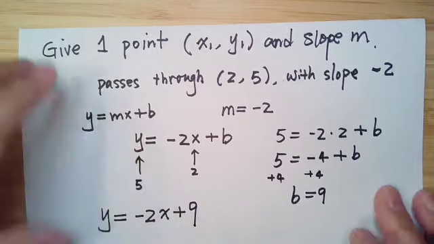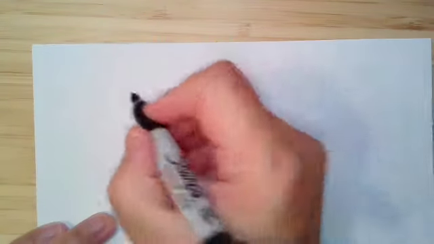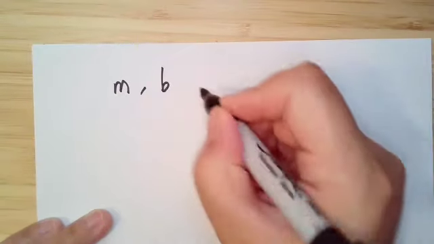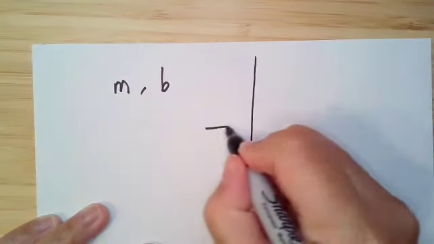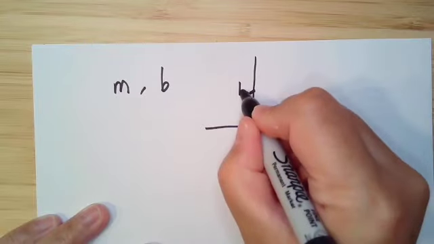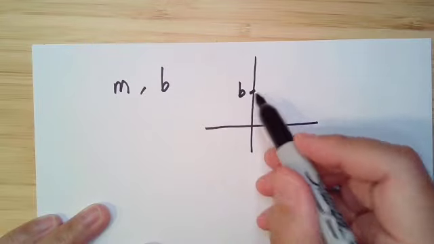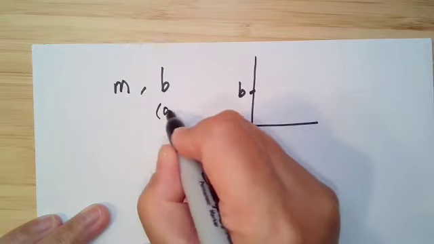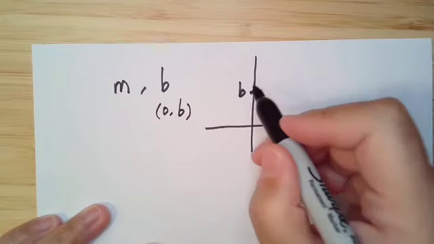What does that mean? If I give you slope m and y-intercept b, when you graph, you can just find here is the b. That's one point. Actually, this point is (0, b), isn't it? And then you know the slope.